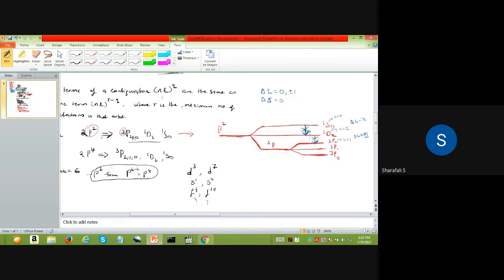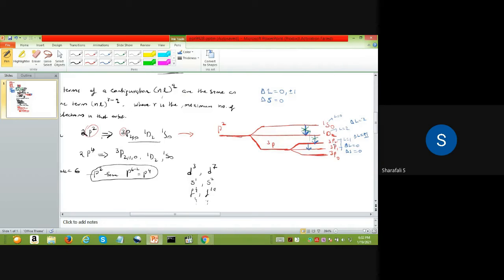And if you consider this transition, let's say this one, we have delta L, these two, delta L equal to 0. So that is allowed. Then delta S, if you consider, that is also equal to 0 because same multiplicity, S value is 1 here. Here S values are different.